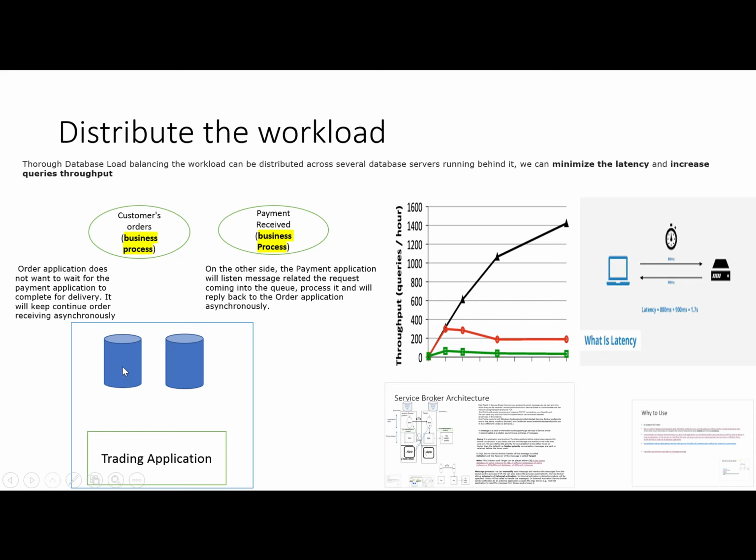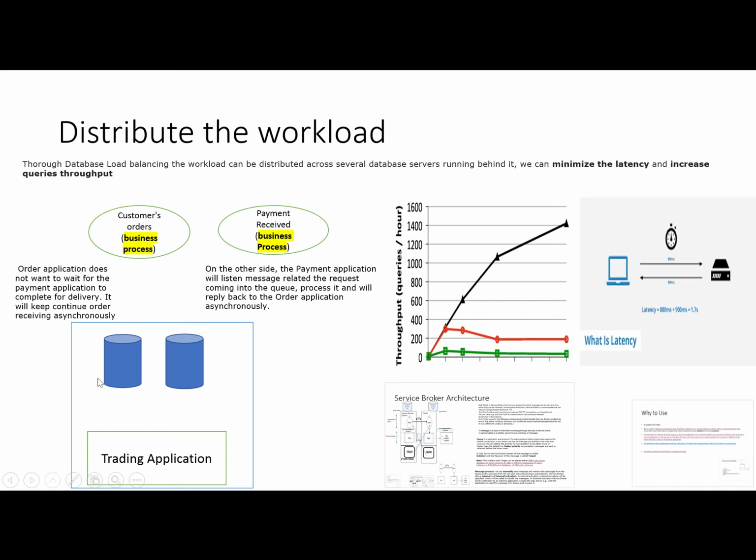So this order application wants to continue receiving orders asynchronously. So whenever the order is received for the payment, it will send the message to the payment received process, and the payment received process will process the payment and then reply back to the orders that the payment is completed or payment is rejected, so that the order can be completed accordingly.